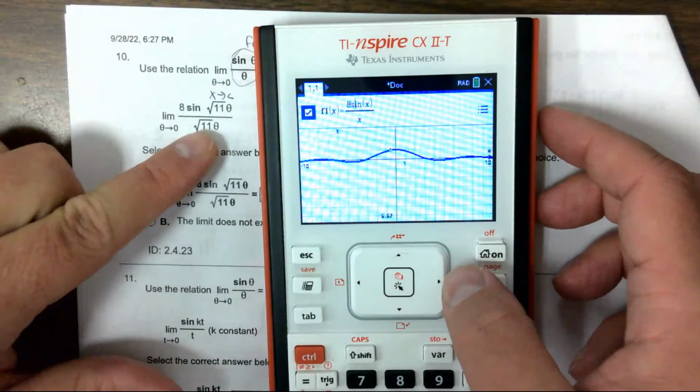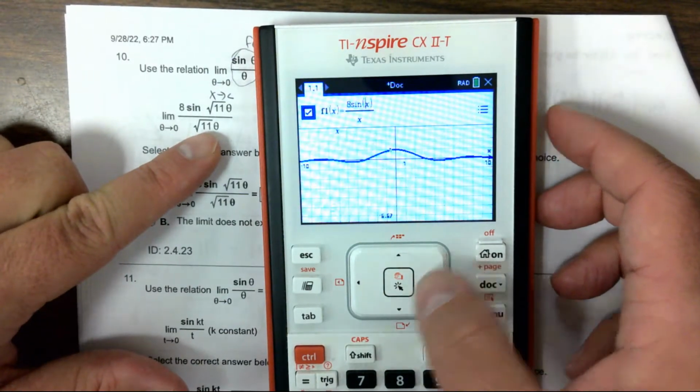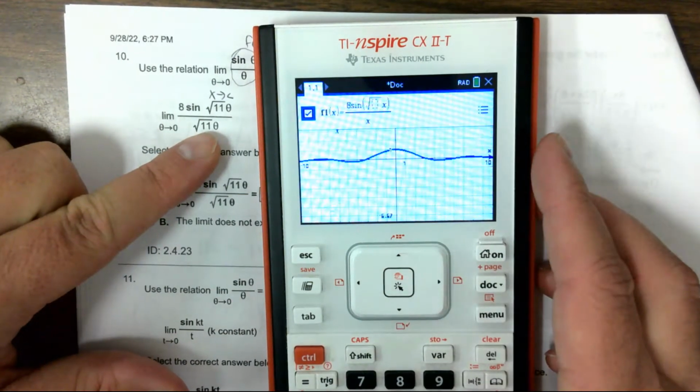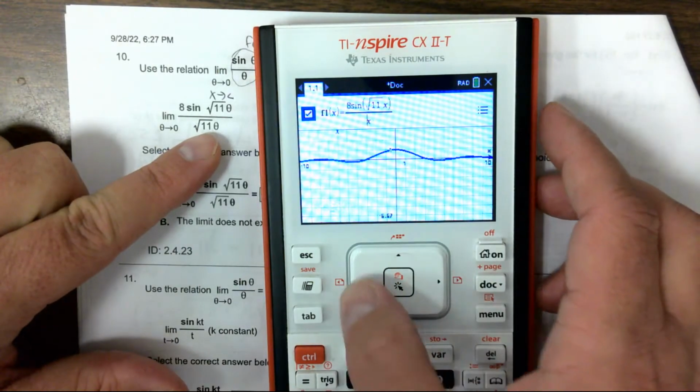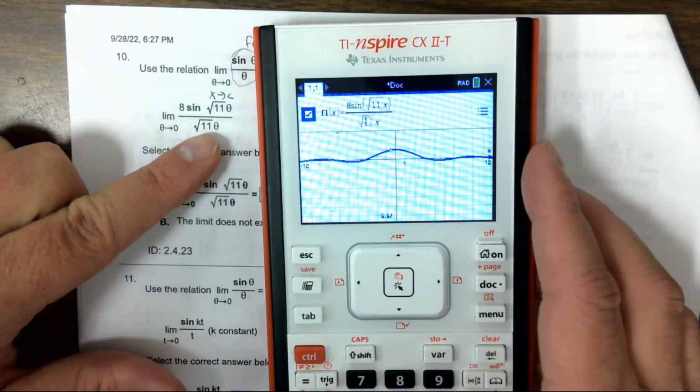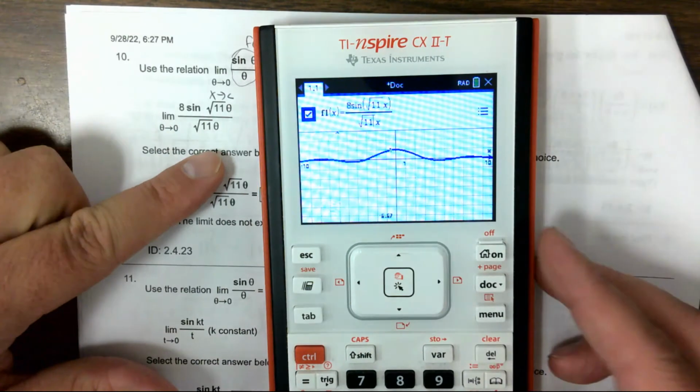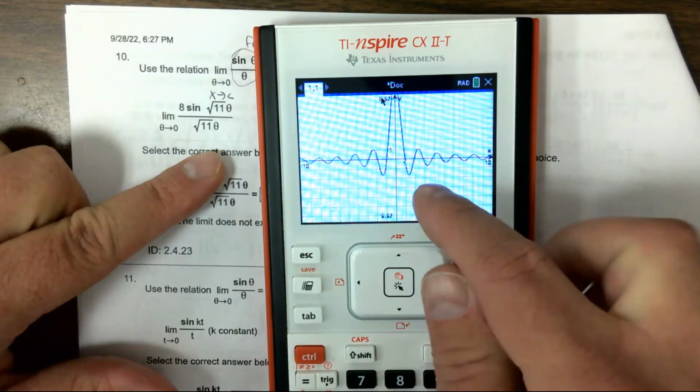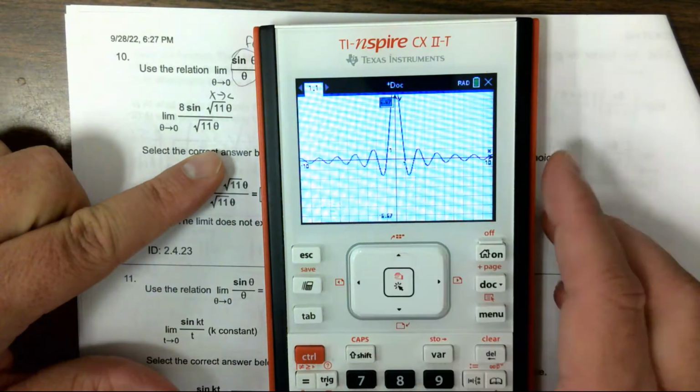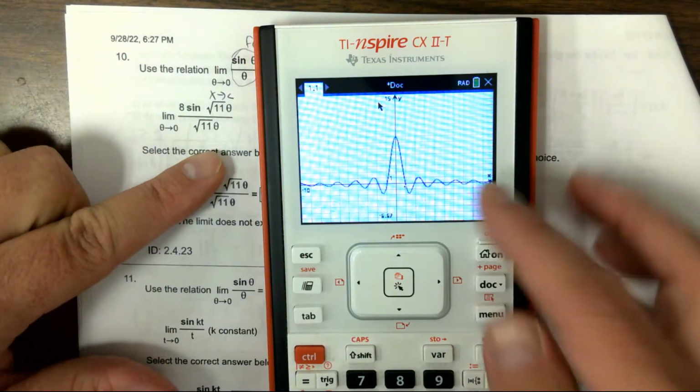Now, in our problem, I have an 8 in front of it, and I have a square root of 11 right there, and then a square root of 11 right there. So when we do that, I have to change my y max, and it's right there.